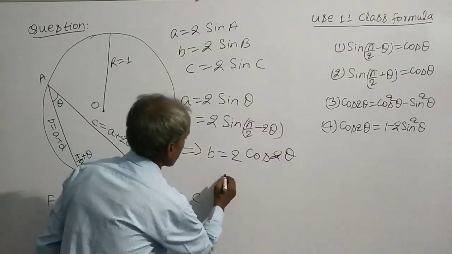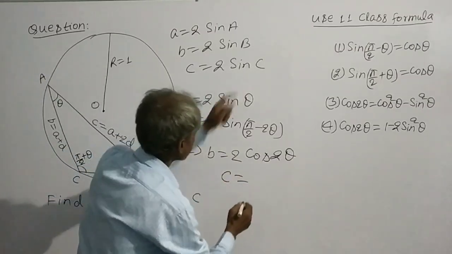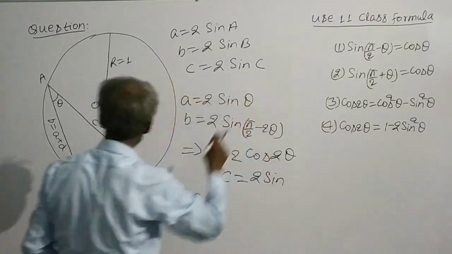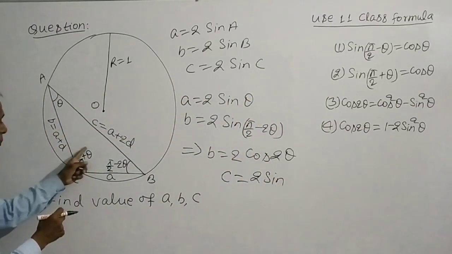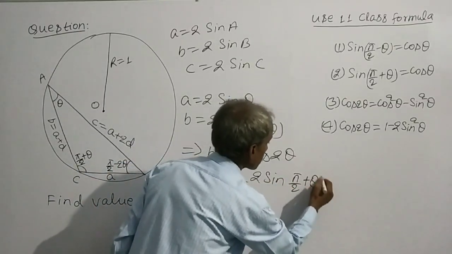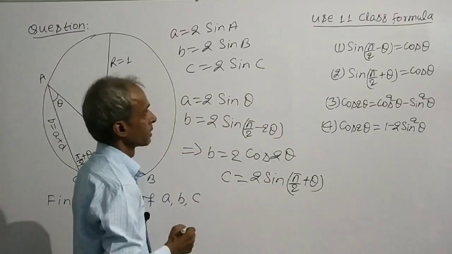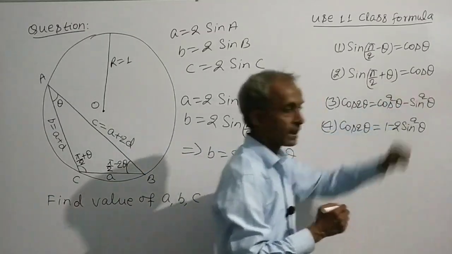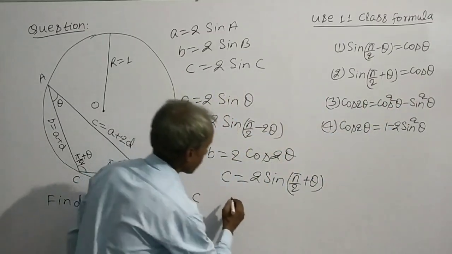So b is equal to 2 cos 2 theta. c is equal to 2 sin C, but C is equal to pi by 2 plus theta, and this is a formula: sin of pi by 2 plus theta is equal to cos theta.